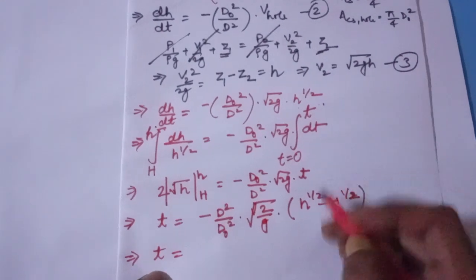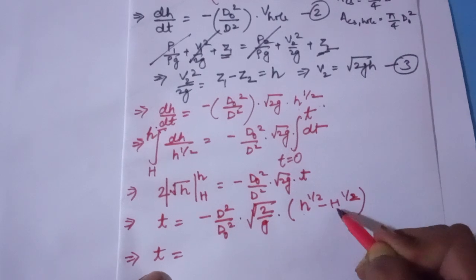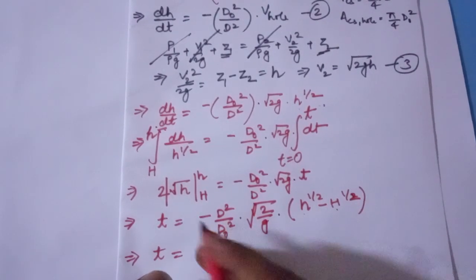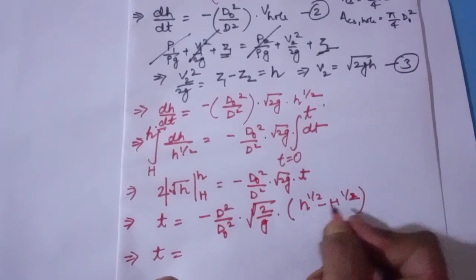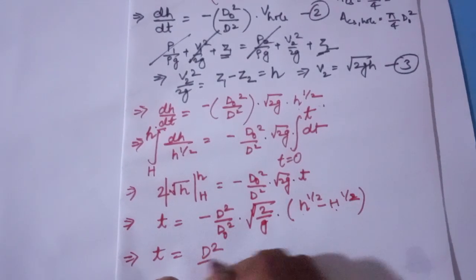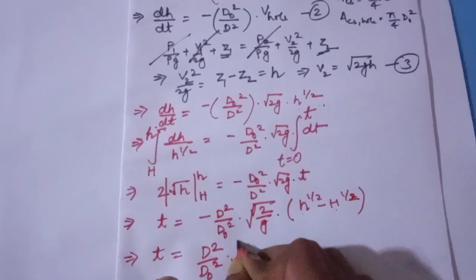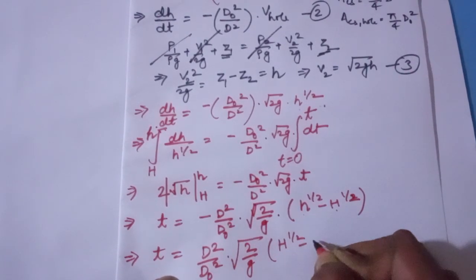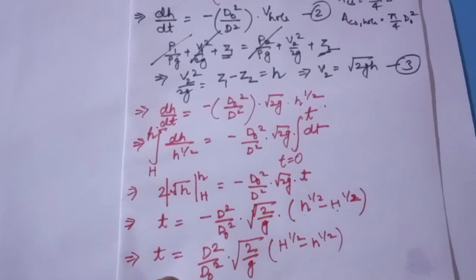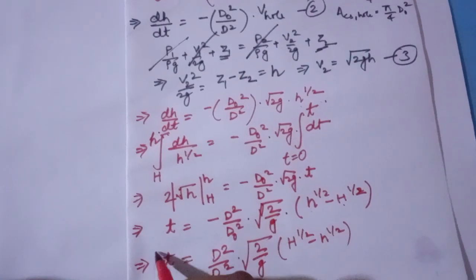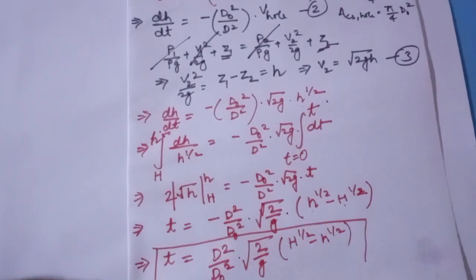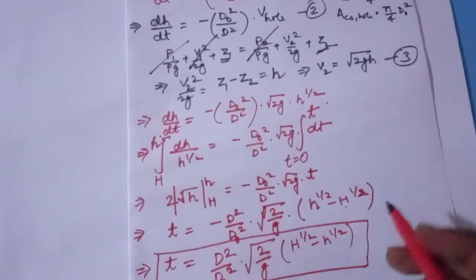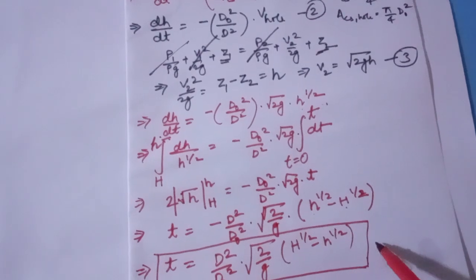This term is always less than this term, so this difference is always negative. Let me put this minus sign inside the bracket, so the whole term becomes d square by d naught square into root 2 by g into the bracket of capital H to the power of 1 by 2 minus small h to the power of 1 by 2. So finally we have the expression for the time required.